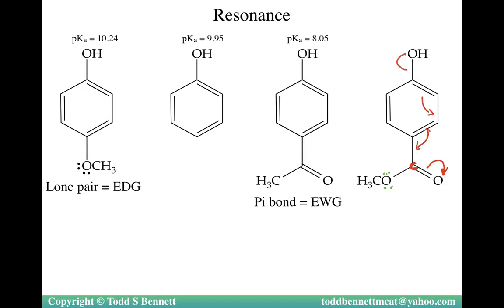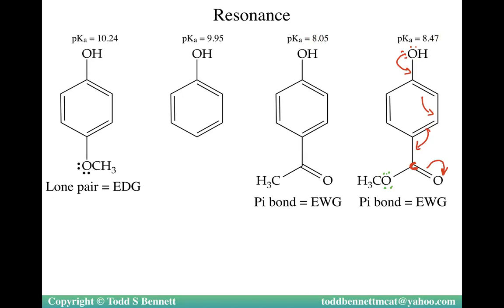So it's the same resonance as we did before, but because this is donating in as well, it doesn't accept this as much. So it's not as electron withdrawing. It's still electron withdrawing because the first atom attached to the ring is a pi bond, but it's not quite as severe. So pi bond is electron withdrawing, though it's going to be less than 9.95, but not as much. So it doesn't go down by as much as this one did, only to about 8.47.